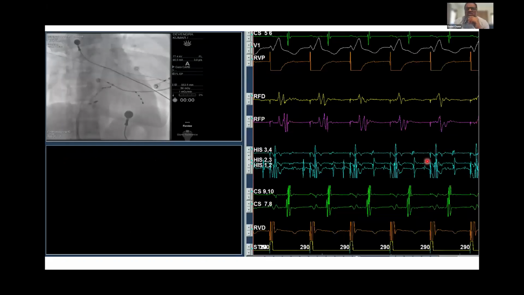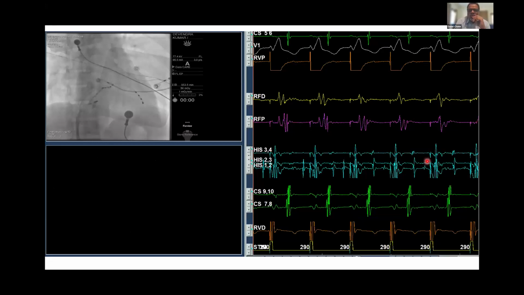Further, we put catheters close to the spot where we think there is pre-excitation. If we are trying to ablate a pathway which is causing pre-excitation in the ventricle, and we know there is retrograde conduction happening through the pathway as well.